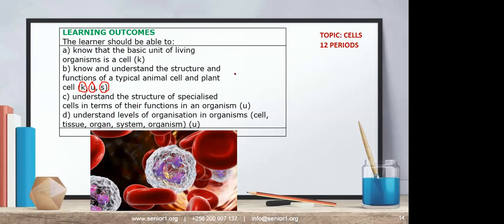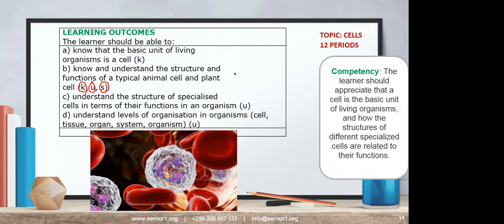Now, the competence in this is that you should be able to appreciate that a cell is the basic unit of life, and how the structures of different specialized cells are related to their function. For example, you can see this is a donut-shaped cell with a depression. Are you seeing this depression? It's like there is some space.